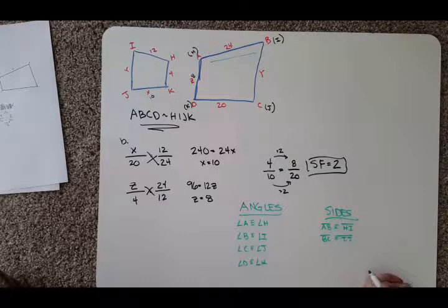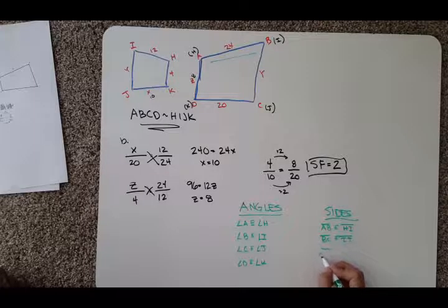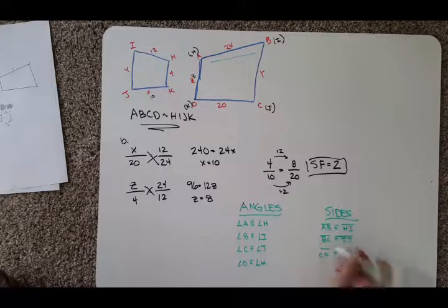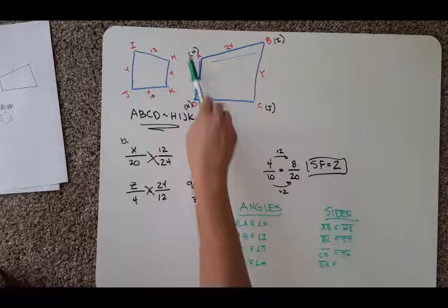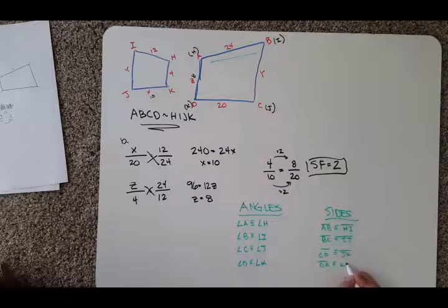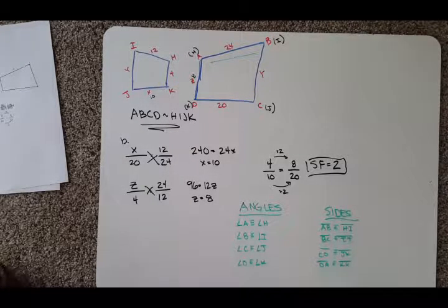Don't even have to look at the other one. CD is J to K. D to A is K to H. And then there you go. It's as easy as that. And that is practice test 2.